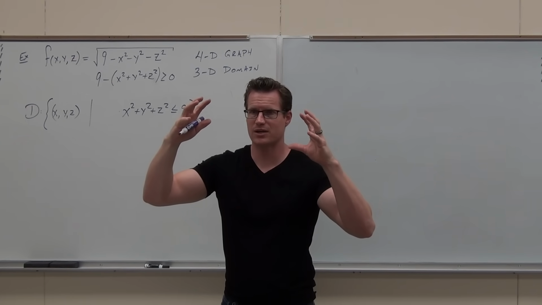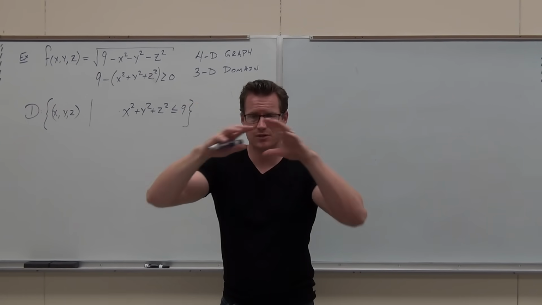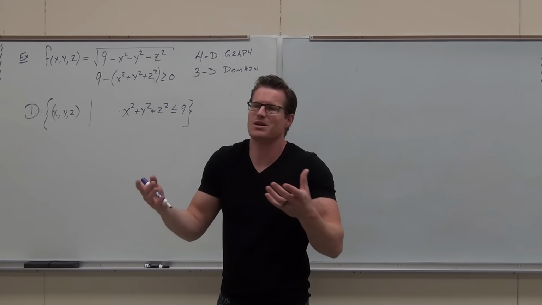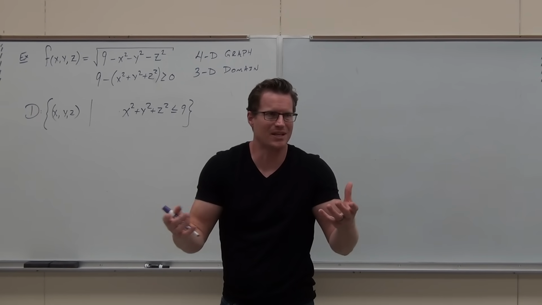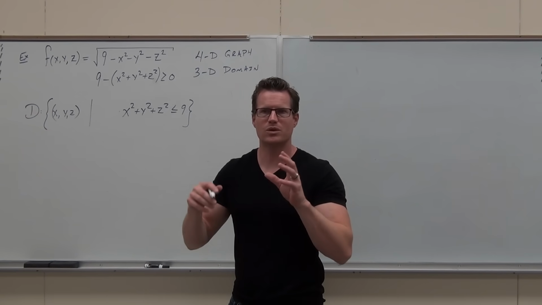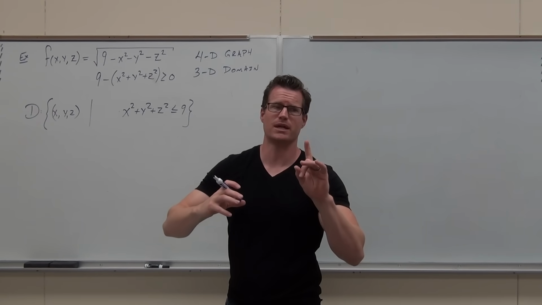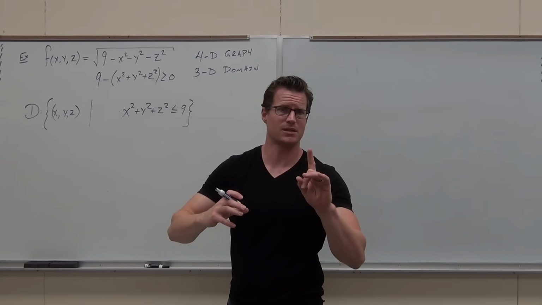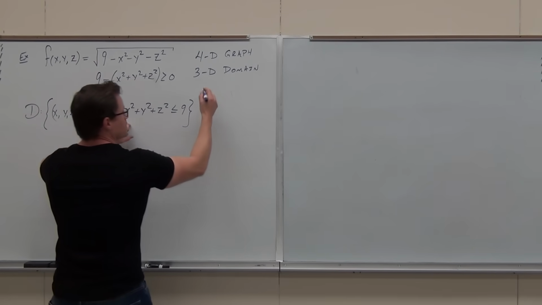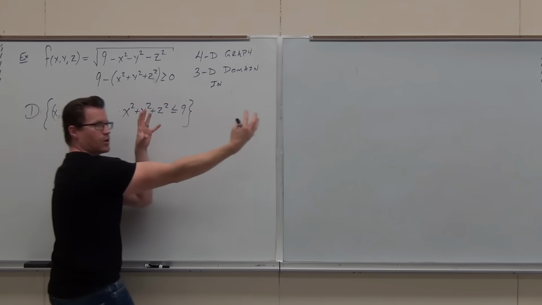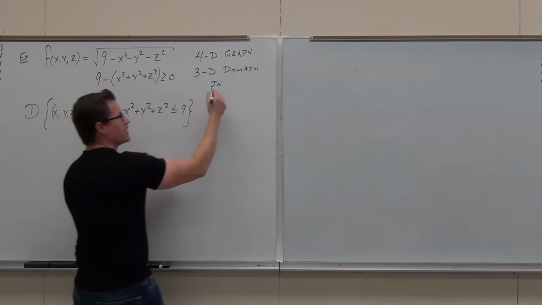Can you have some negative x, y, and z values? Yes. There are some points in that ball that are all negative. But when you square them, they become positive, and when you add them, it's still positive. That's why it's greater than 0. So don't confuse the domain of the function with the domain of each individual value. That is not what we're doing here. So this would be the inside: all the points less than that, between 0 and 9.